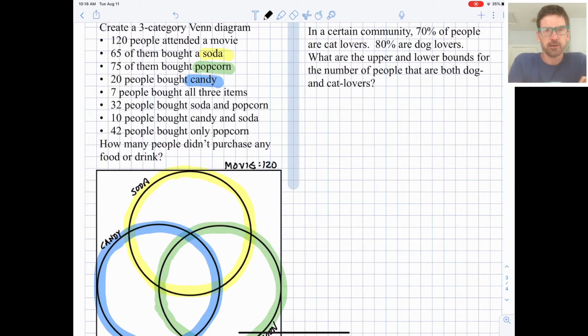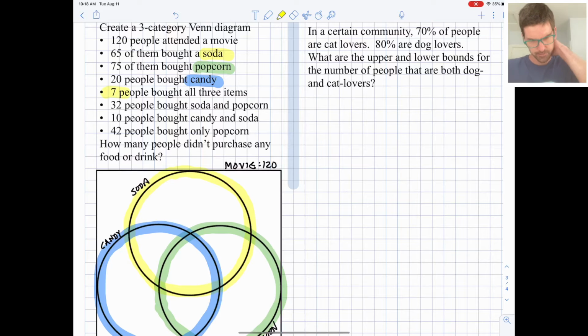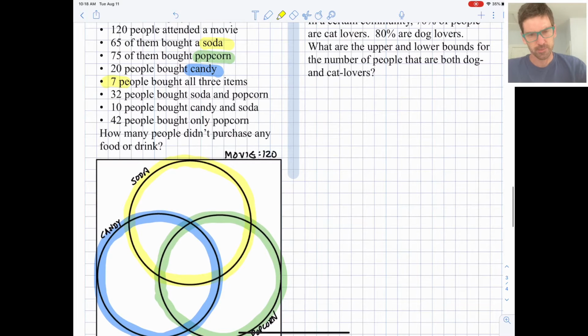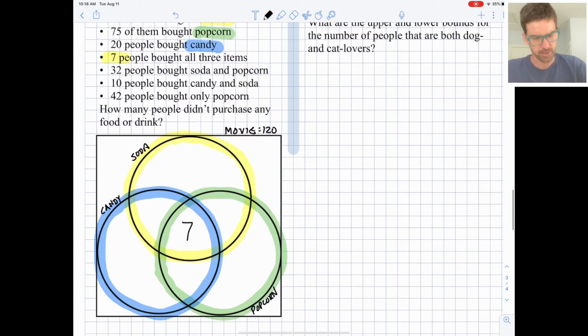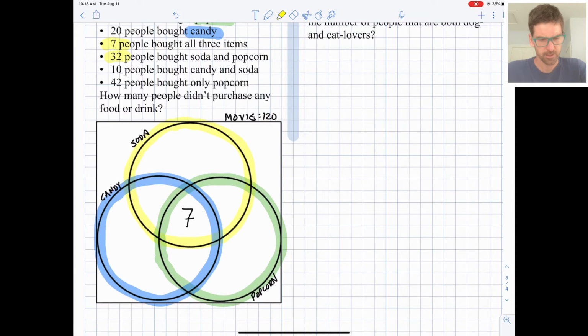So we can fill in some numbers. And again, when I'm filling in Venn diagrams, I like to fill in the overlapping pieces first and then kind of gradually work my way out. So we know that 7 people bought all 3 items. So that means we have a 7 right in the middle right there for sure. 32 people bought soda and popcorn, but 7 of them are already accounted for.